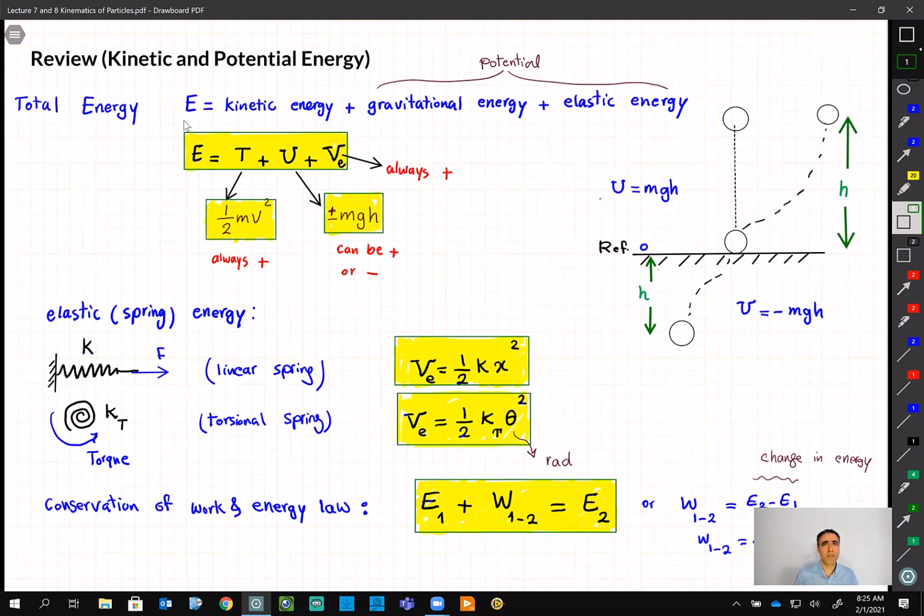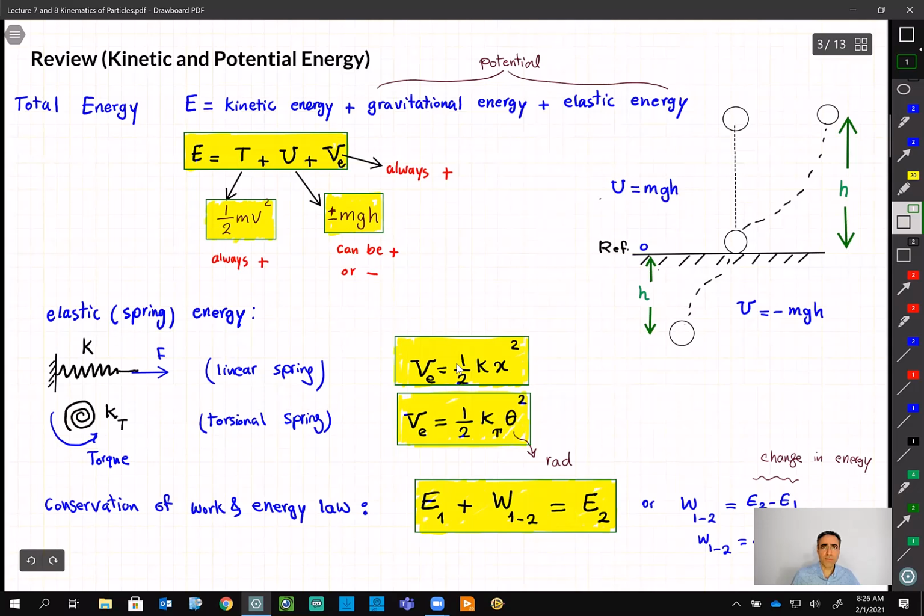There are other sorts of energy like magnetic energy and energy from heat, but in this course we just consider these three forms. We show them by T for kinetic energy, U for potential energy, and in order not to confuse V with velocity, we use VE for elastic energy when we have a spring.